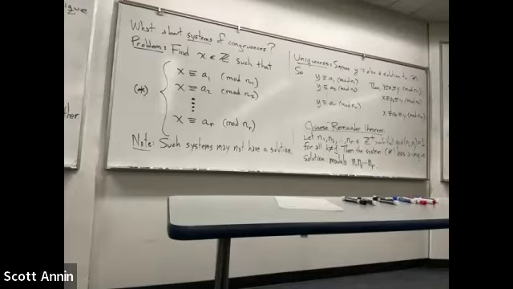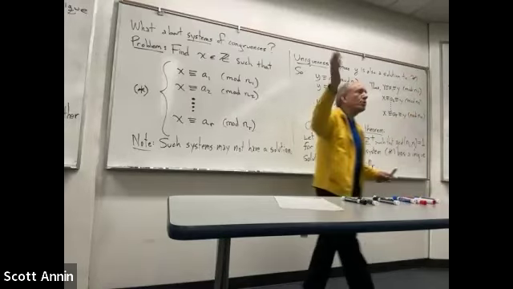x minus y is a common multiple of n1, n2, ..., n_r. But what do we know about the original n's? They're pairwise relatively prime.